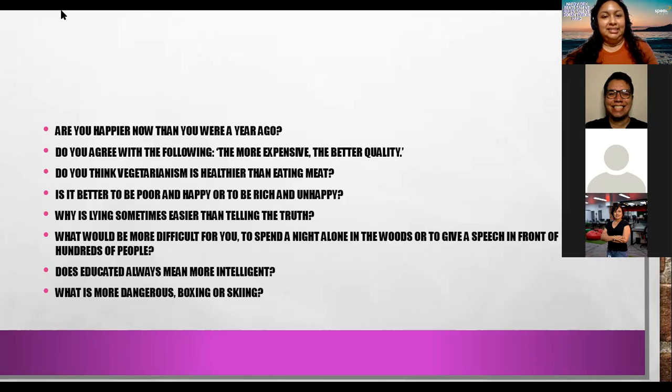We can agree with this quote, because for example, if we talk about brands related to clothes, when you see the price, you can be surprised because it's too high.